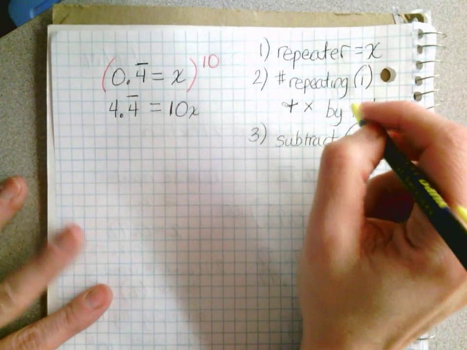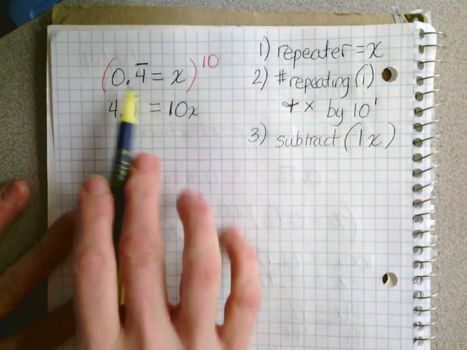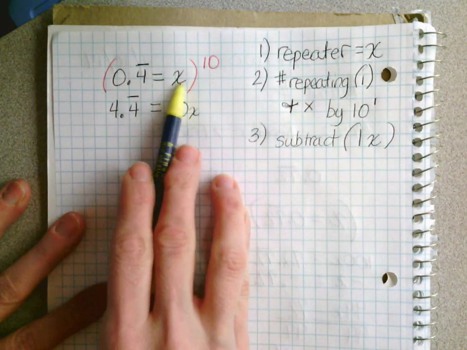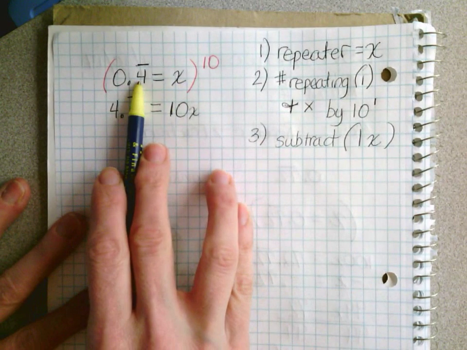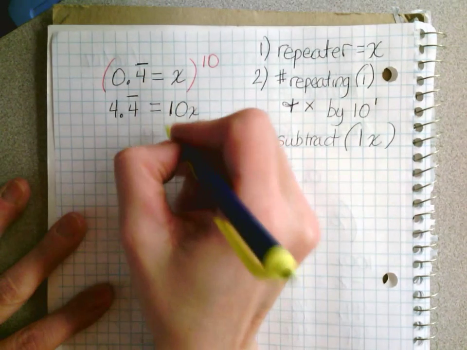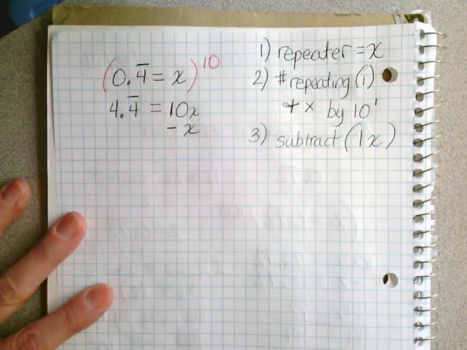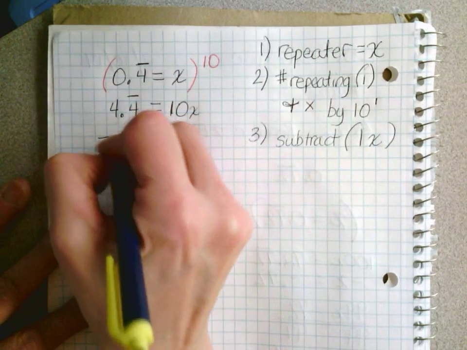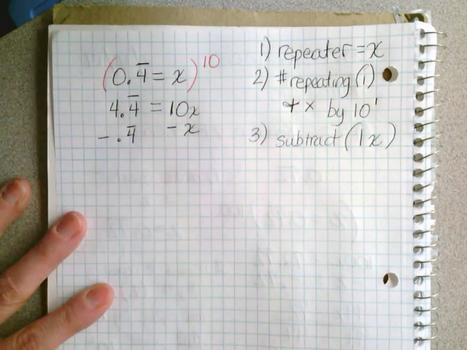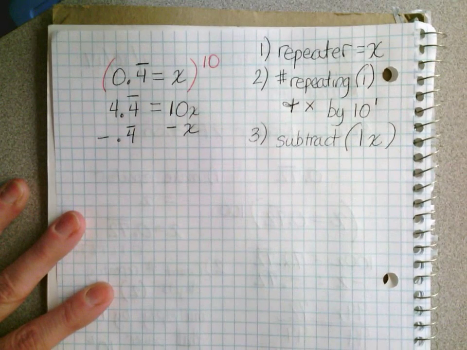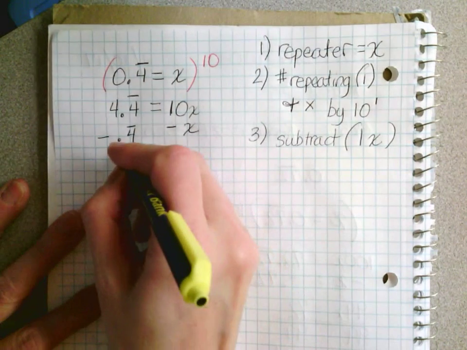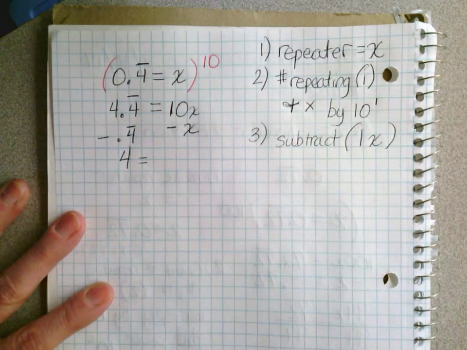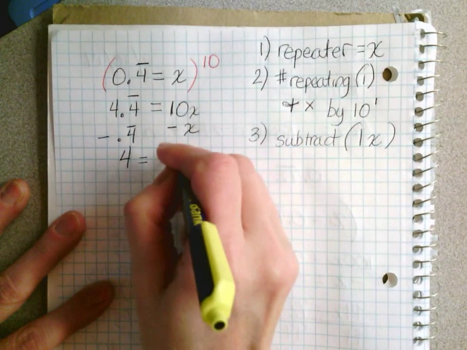And we decided that 1x is equal to this repeater, right? So we are going to subtract x, which is equal to that repeating 4. Which means 4 is equal to 9x.